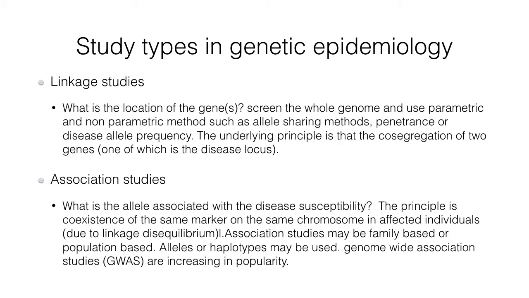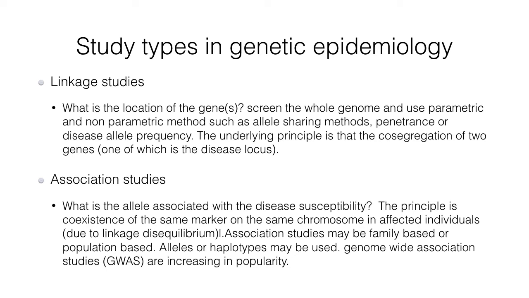We can also look into linkage studies. So we want to know the location of the genes. Therefore, we need to screen the whole genome and use parametric and non-parametric methods. And to get the underlying principles of the co-segregation of the two genes, we look into their locus.